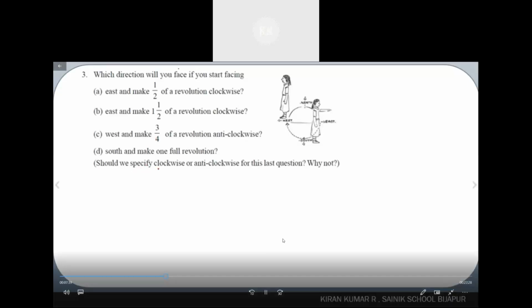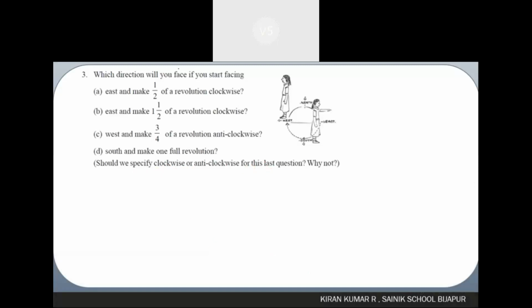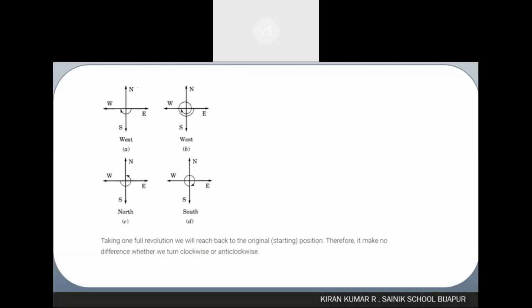Should we specify the clockwise, anti-clockwise for this last question? Why and why not? Let's answer this with the directions. We all know that north, south, east, west are the directions. In the first case, we had half a revolution starting from east, so the person will end up at west.